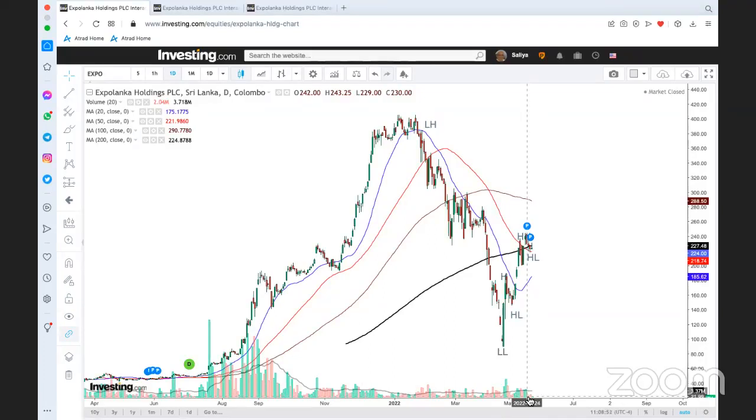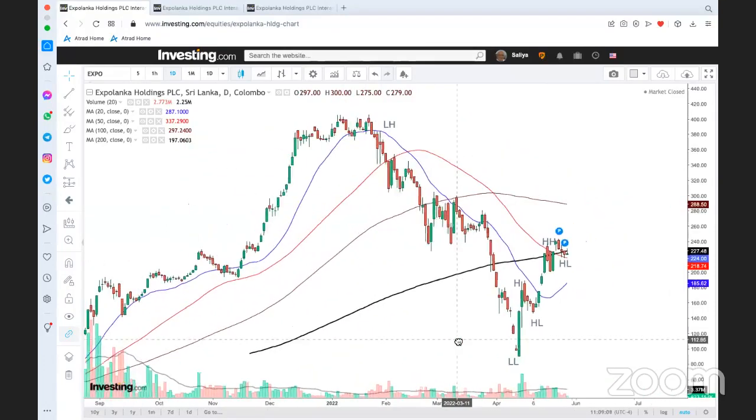And also you will notice that when the prices are falling, most of the time, once there is a larger volume here, after this high, the day where the close was lower than the open on the 29th of April, the volume was 6.5 million.